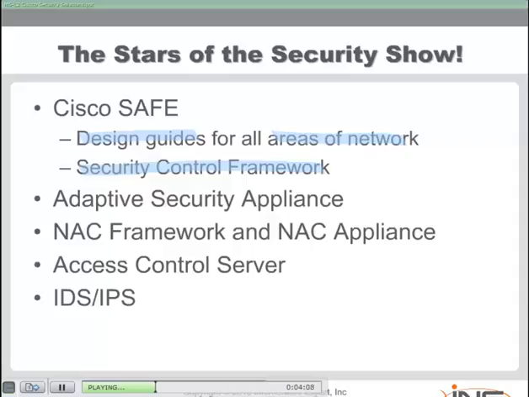This is really cool technology. NAC, what it's doing is saying literally, okay, I'm going to control who gets into this network, but I'm going to do it in a more sophisticated fashion than ever before.